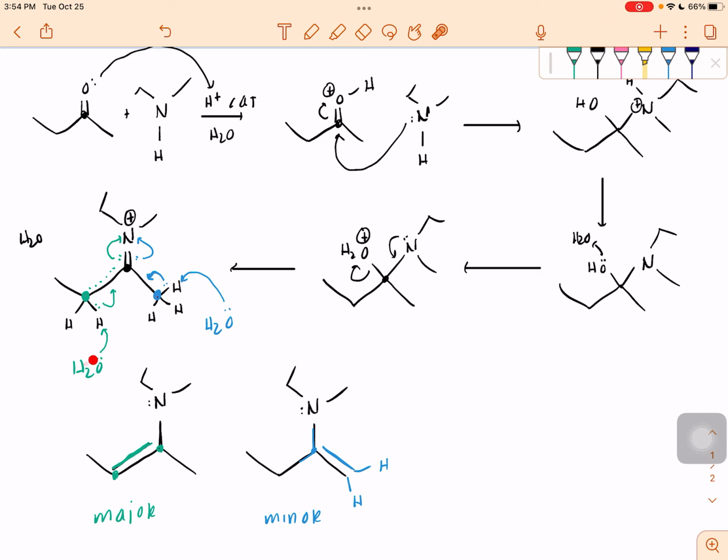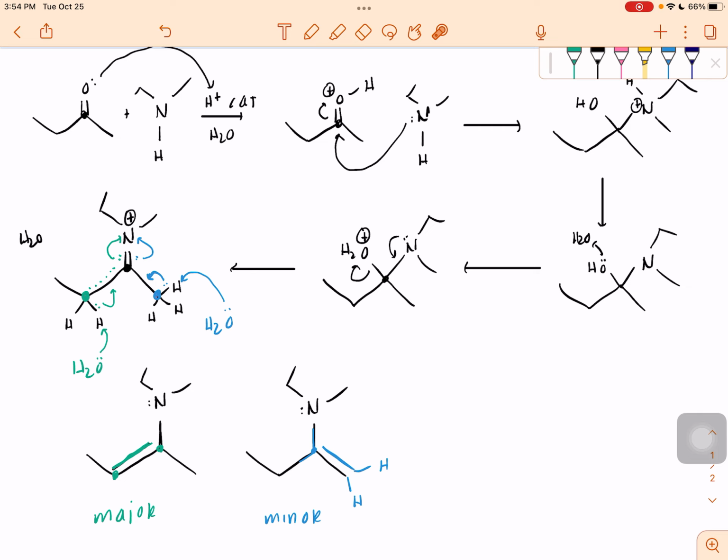If I use my green carbon to take a hydrogen off, the double bond will form, breaking this double bond, and I'll have a product that looks like this. With my blue carbon, it takes a hydrogen off, the double bond forms, this double bond breaks, and I have a product that looks like this. Then I have to decide which is my major and minor product.